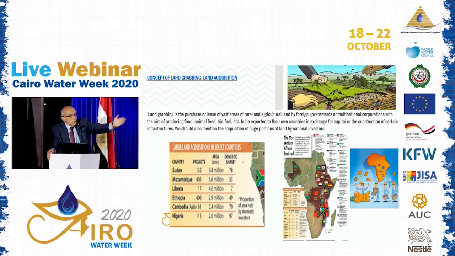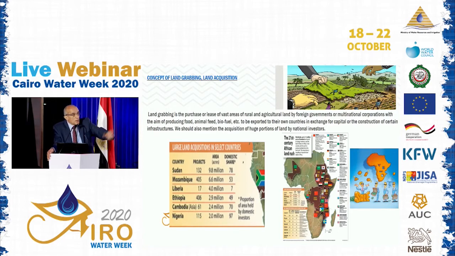Land grabbing, as you see here in the lower photo, is as if you are taking part of Africa outside. When you start using the water for biofuel to generate energy, instead of using the water to produce food for the people to live on, this issue has to be looked at carefully. And this is the issue which we are facing here.